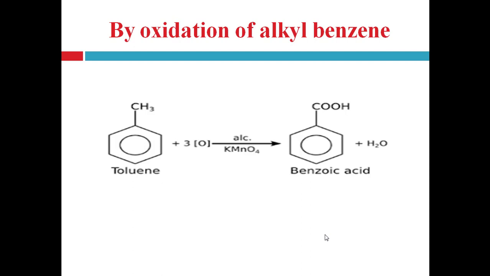Any one oxidizing agent can be used for the oxidation of this alkyl benzene, converting it into the corresponding aromatic acid. Here the example of toluene is given. Toluene is oxidized in the presence of the oxidizing agent alcoholic potassium permanganate and converted into benzoic acid with loss of a water molecule.